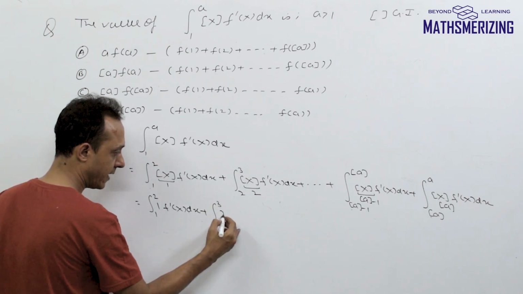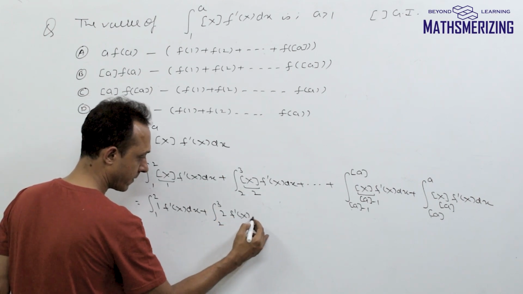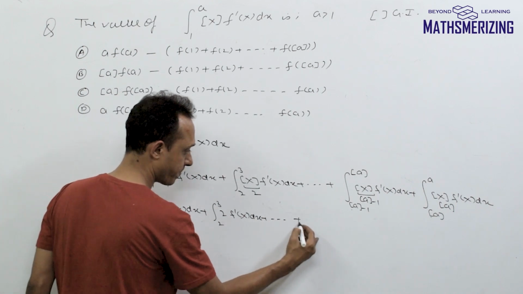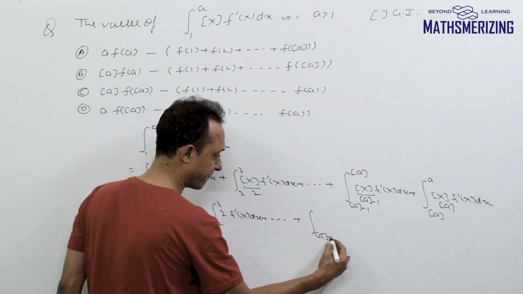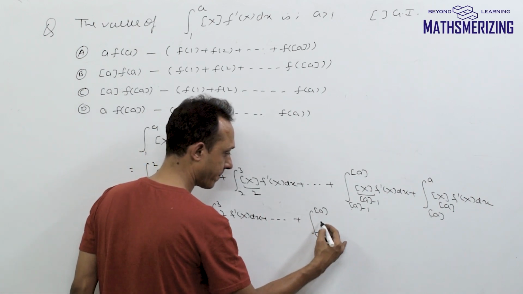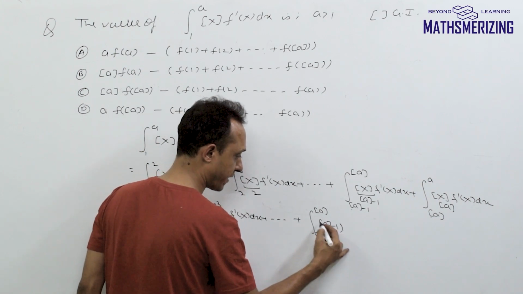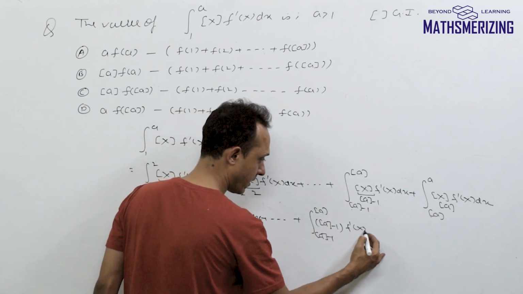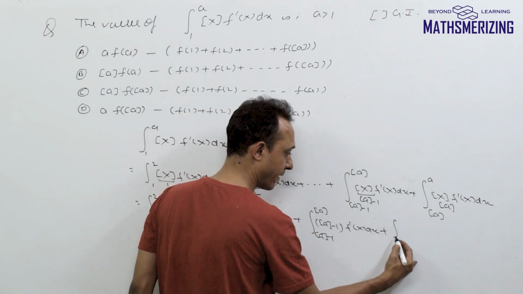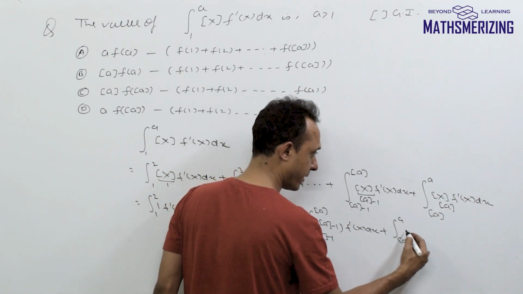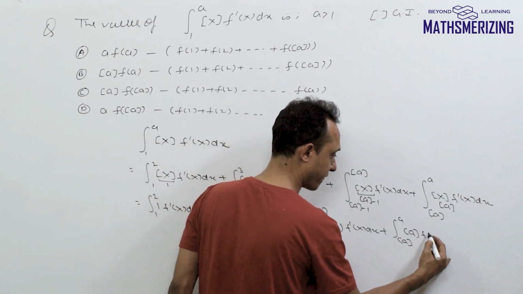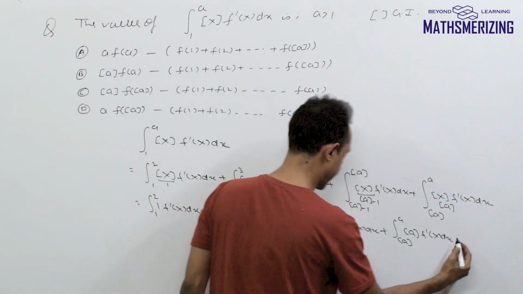Between 2 and 3, it'll be 2 into f dash x dx. Here will be greatest integer function of a minus 1 to greatest integer function of a, it'll be greatest integer function of a minus 1 into f dash x dx, and then greatest integer function of a to a, and there'll be greatest integer function of a into f dash x dx.